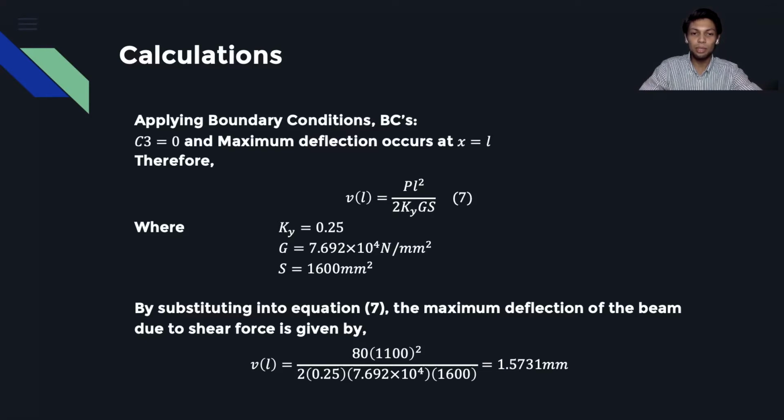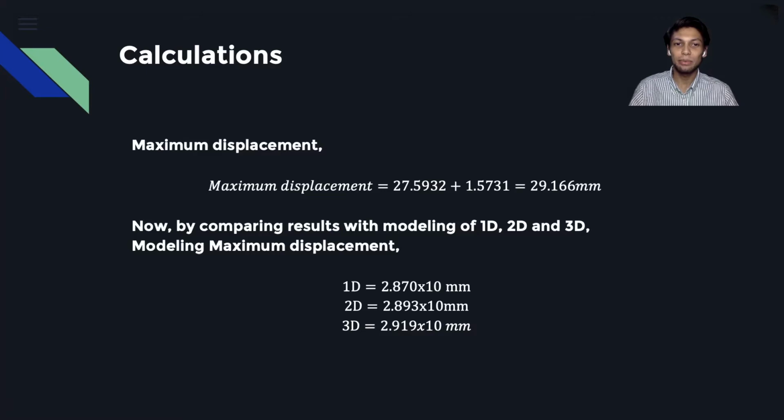By substituting the values of Ky, G, and S calculated earlier, we obtain the maximum deflection of the beam due to shear force, which is 1.5731 millimeters. Finally, we calculated the maximum displacement of the beam, which is the summation of maximum deflection due to bending moment plus the maximum deflection due to shear force, and we obtain a value of 29.166 millimeters.